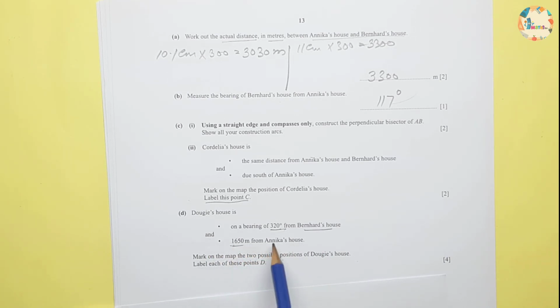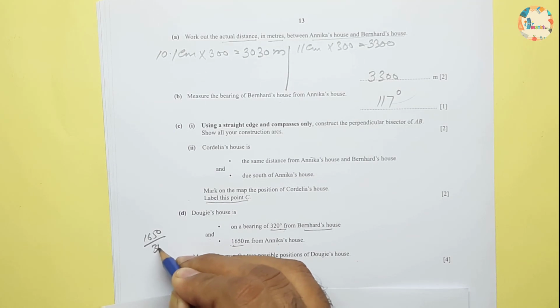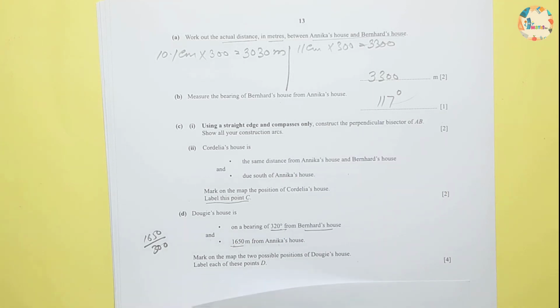Then they are saying 1650 meters from Annika's house. 1650 divided by the scale factor, which is 300, will be 5.5.